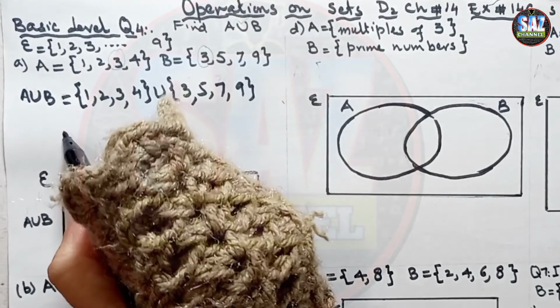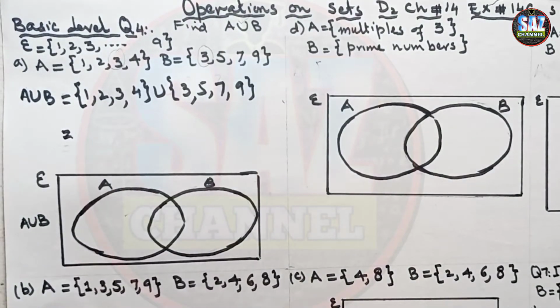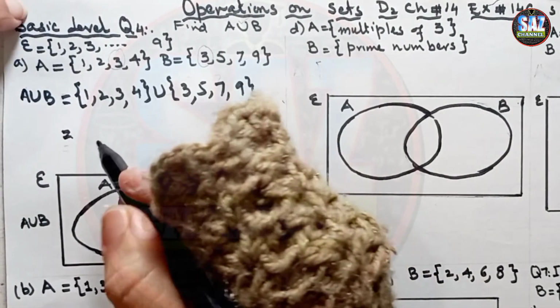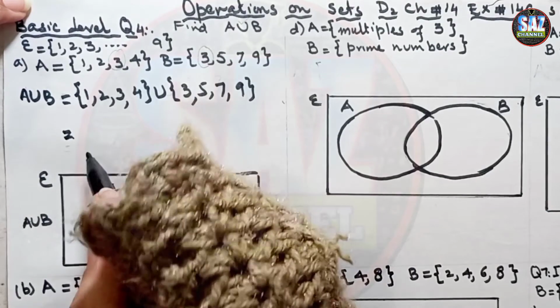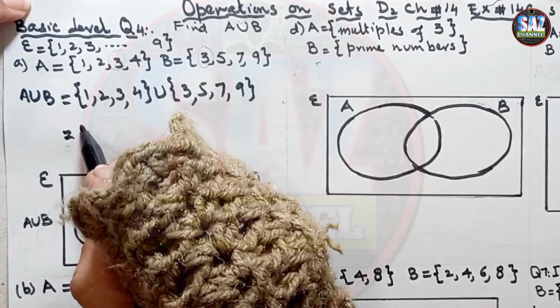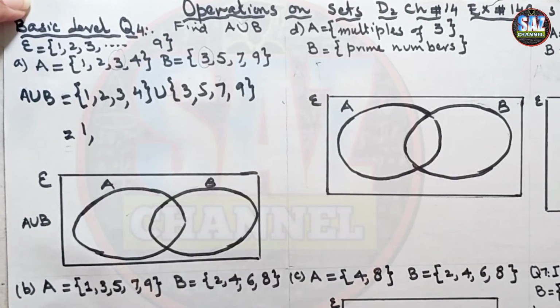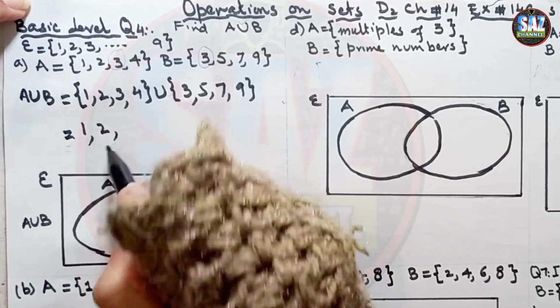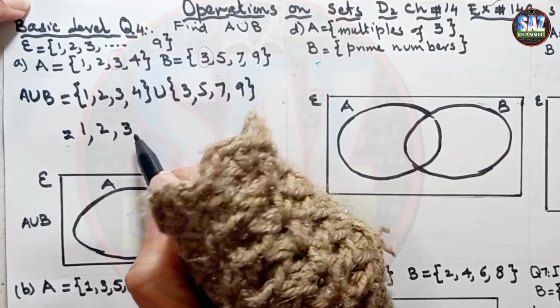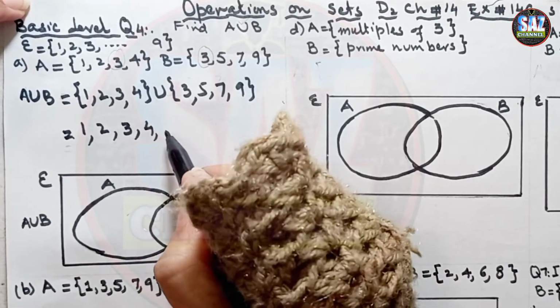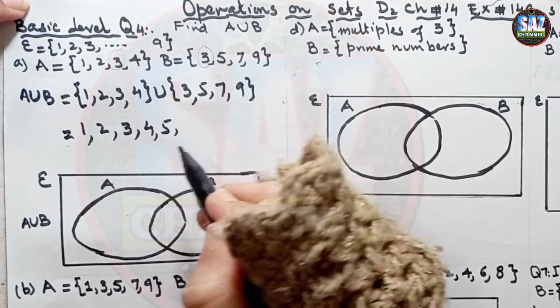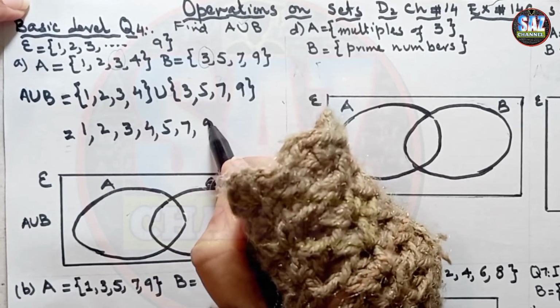And now, as union says that we have to write all the elements of both the sets in sequence without repetition, the union will contain 1, 2, 3 is present in both, then 4, then 5, then 7 and 9.